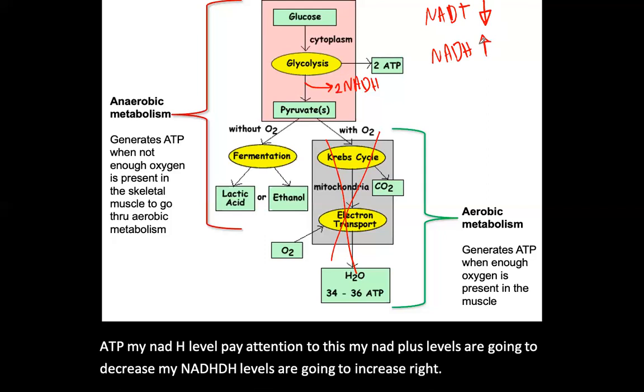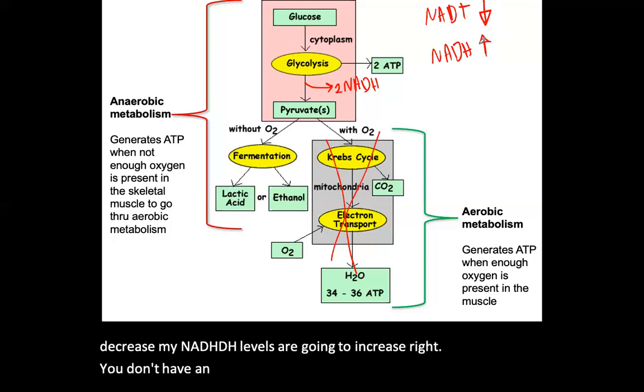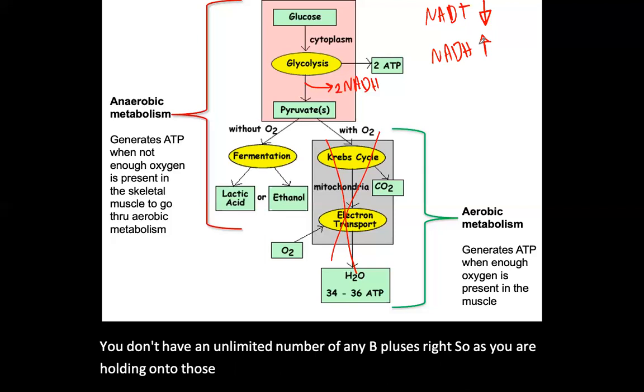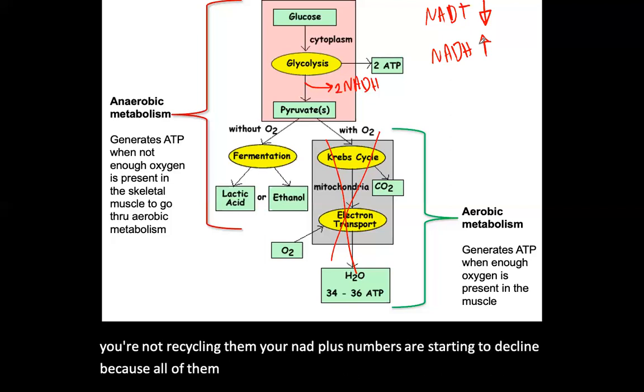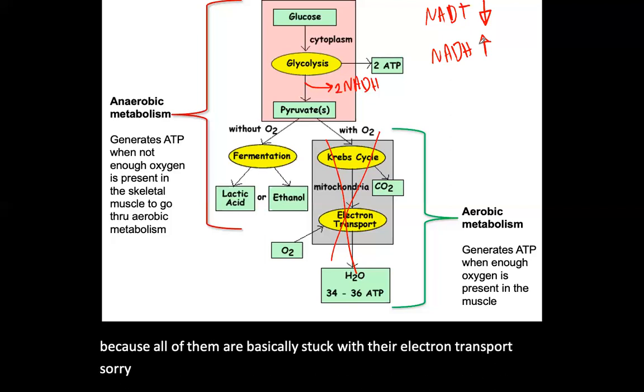You don't have an unlimited number of NAD pluses. As you are holding on to those electrons through the glycolysis process and you're not recycling them, your NAD plus numbers start to decline because all of them are stuck with their electrons. Imagine you have taxis or shuttles. Your shuttle is empty, that's NAD plus.